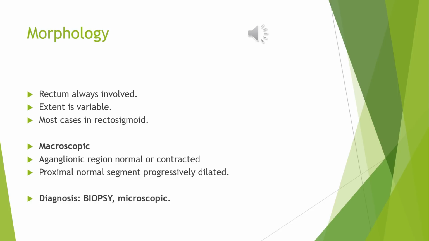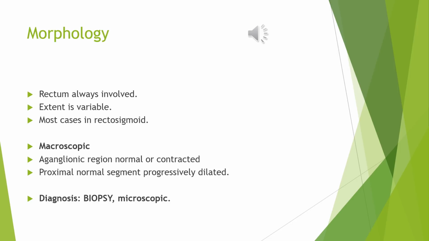Now, how do we diagnose Hirschsprung disease? The diagnosis is a combination of clinical features, in which we have a child with a failure to pass meconium, for example, or a child complaining of chronic constipation, in which we fail to find a cause for this constipation.